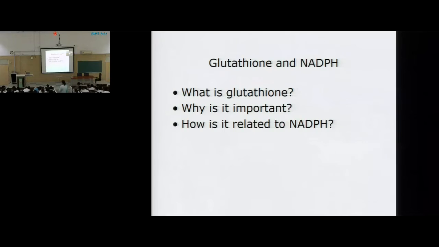It is a tripeptide. How many peptide bonds are required for the biuret test to be positive? Will glutathione give it positive? Glutathione should ideally give it positive because it is a tripeptide. But it will not give the biuret test positive.